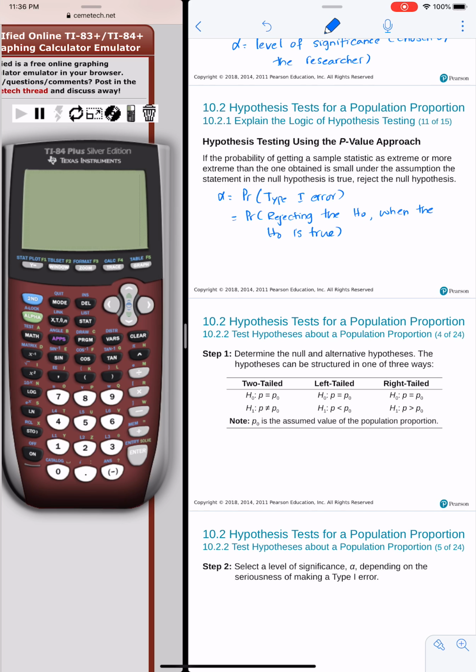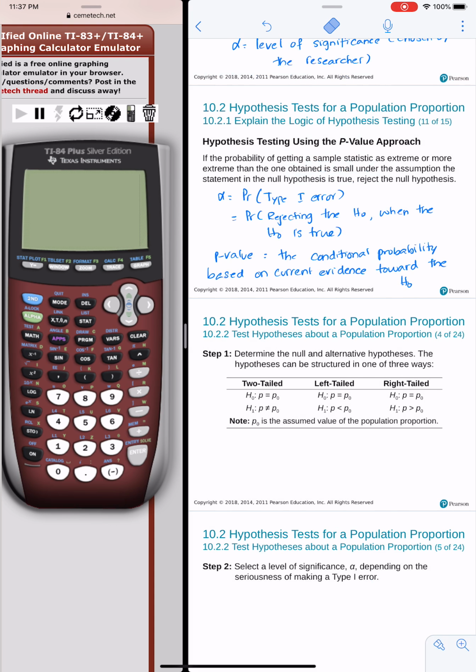So the p-value pretty much tells us it is the conditional probability based on current evidence toward the null.